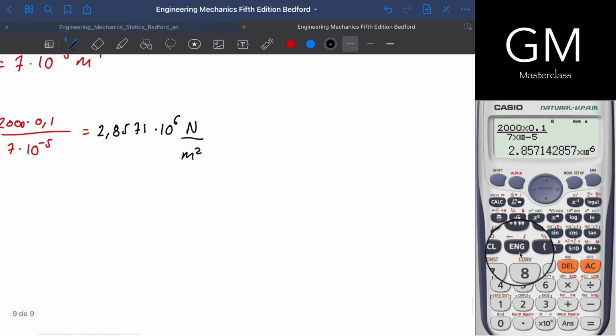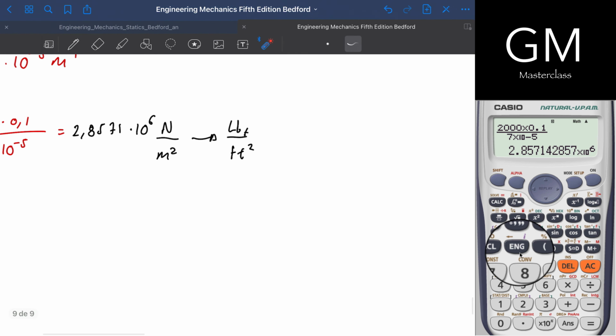Then I gotta change these kinds of units into force pounds divided by square feet. How can I do this? Well, there is an easy way and a long way, but the long way will give us a lot of information.